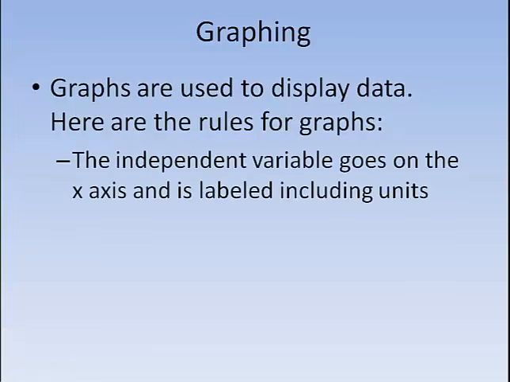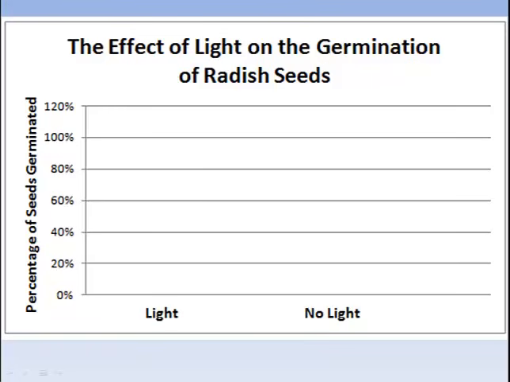All right, the independent variable always goes on the x-axis and includes units. Now in this particular experiment, there are no units, so they're not included. But here are the two. The IV is light and no light. We have two groups. We have our experimental group and our control group. And we're going to do a bar graph in this case. So here's our completed graph.